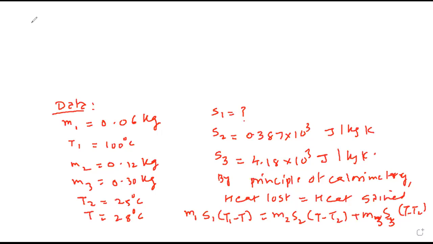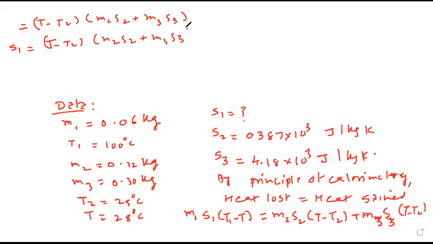So I am taking (T minus T2) common, into (M2 S2 plus M3 S3). Therefore specific heat will become (T minus T2)(M2 S2 plus M3 S3) upon M1 into (T1 minus T). Please copy till this. Now we just have to put the values.